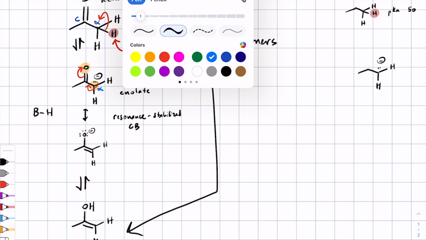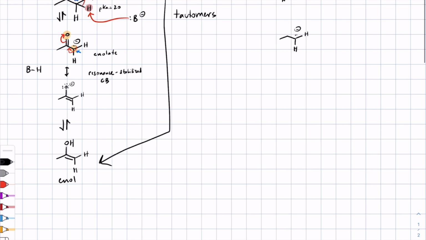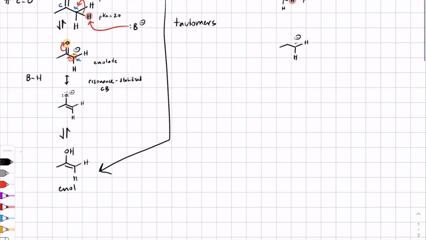It turns out that if you compare the bonds formed versus bonds broken, the ketone has a bond between the alpha carbon and hydrogen, a sigma bond, and it has a pi bond between the carbonyl carbon and oxygen. The enol has a sigma bond between the oxygen and the hydrogen, and then a pi bond between the alpha carbon and the carbonyl carbon.